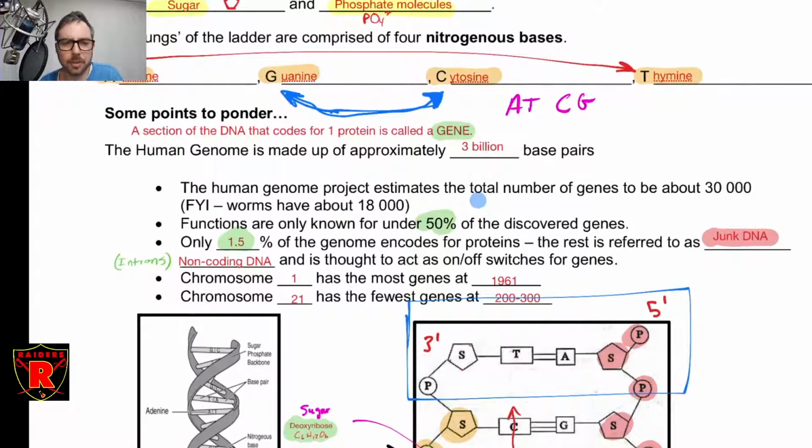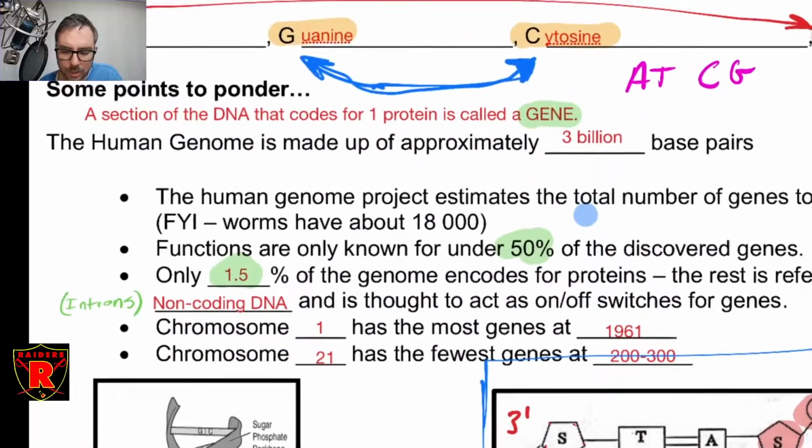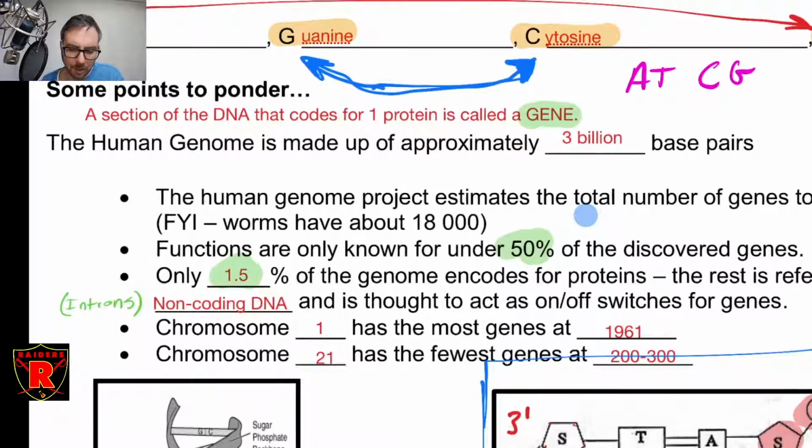Okay, a couple other little things about DNA. Okay, I've talked about the basic structure and how it's put together. Actually, this definition is probably one of the most important definitions that you learn in the entire course. And that is that there are sections of your DNA, specific lengths of your chromosomes, that make a protein.